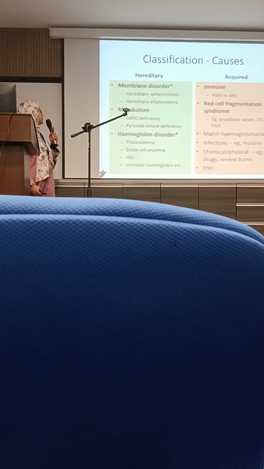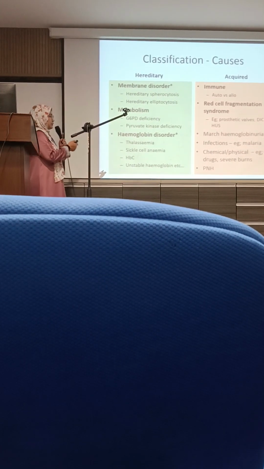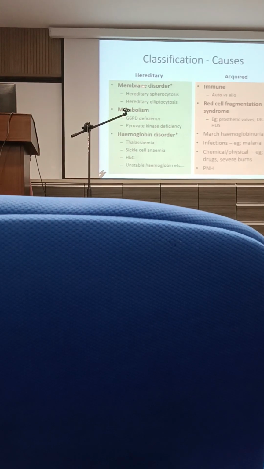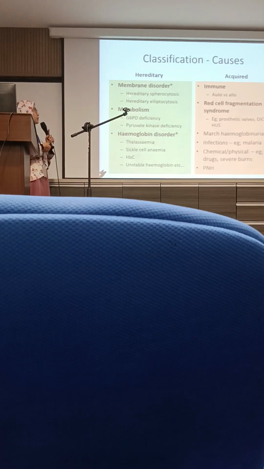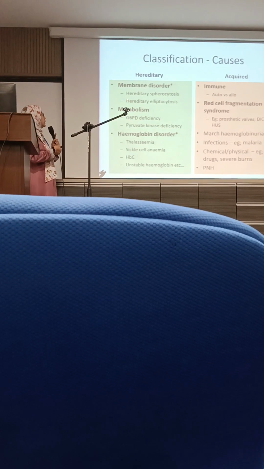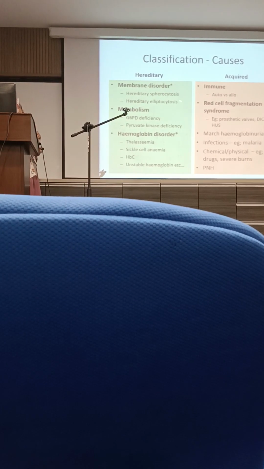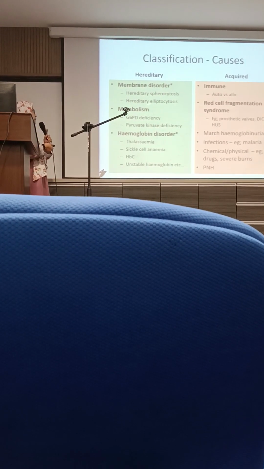So let's look at the classification based on the causes, hereditary and acquired. So the hereditary causes can be due to membrane disorder. The red cell membrane can be in the form of hereditary spherocytosis and hereditary elliptocytosis. So we will only discuss HS because elliptocytosis is usually not clinically significant.